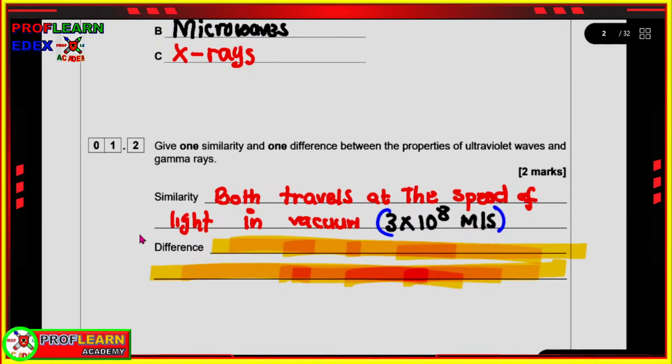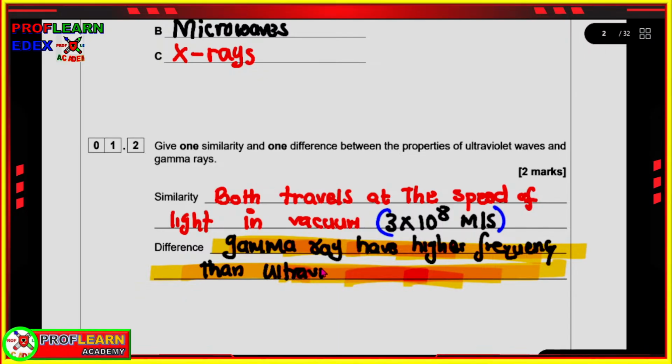So we're going to say gamma rays have higher frequency than ultraviolet. So that is what you need to remember as far as electromagnetic waves are concerned.